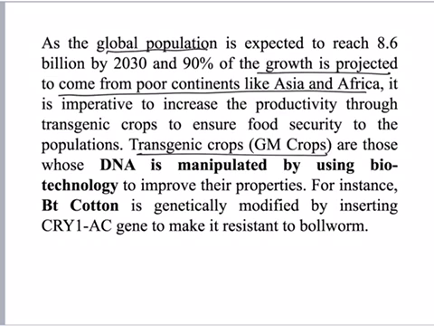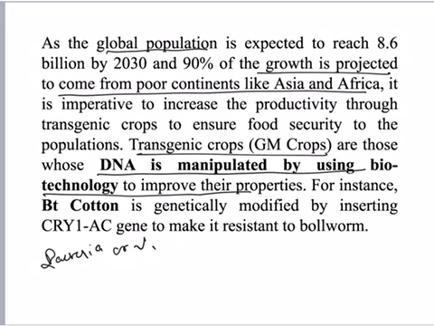So here we have to introduce where you say that in these crops, DNA is manipulated by using biotechnology and their properties are altered. To mention specifically, the genes from bacteria or virus are taken and inserted into the crop genes.